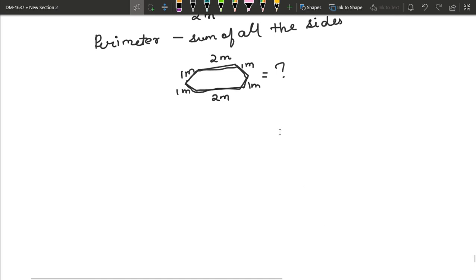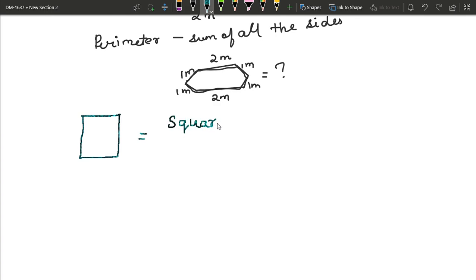Now suppose I take a square. How do I find the perimeter of a square? Suppose I have drawn a square like this. You know that in a square all sides are equal.